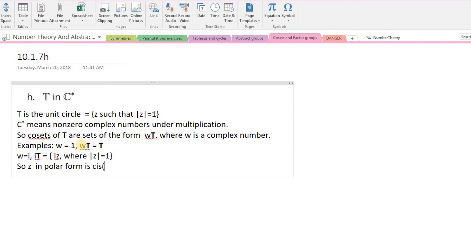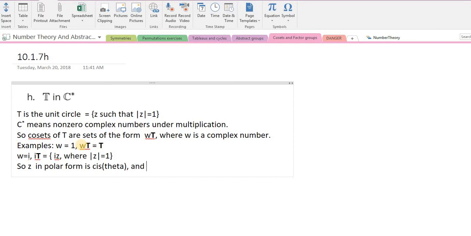Let me just call the angle theta. So it's cosine theta plus i sine theta. Yes, that's what cis means, just for review.